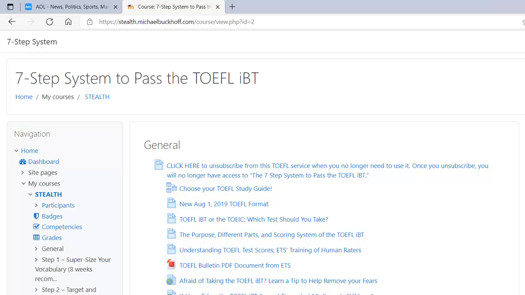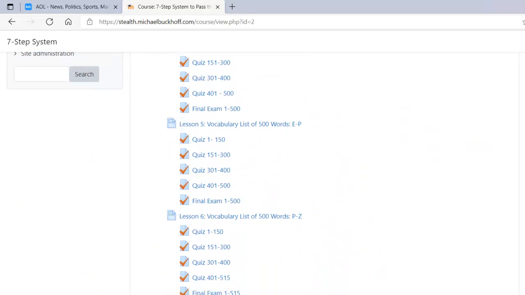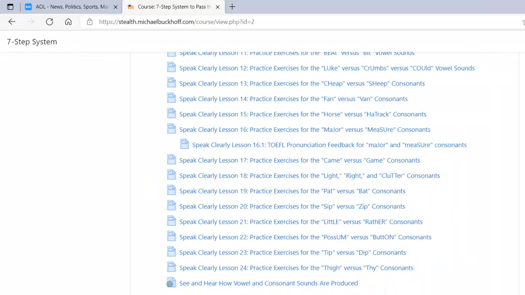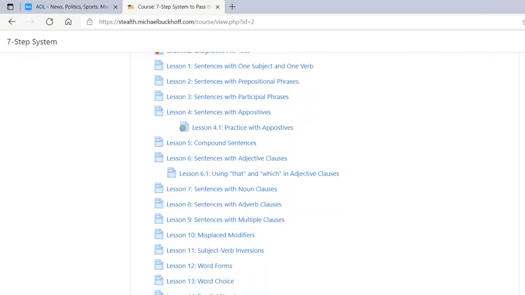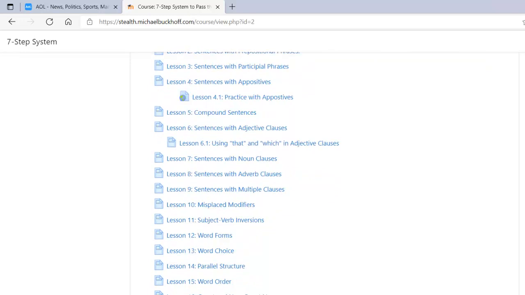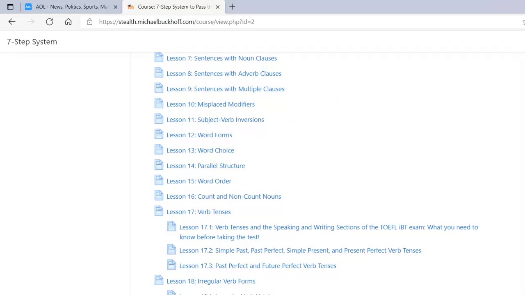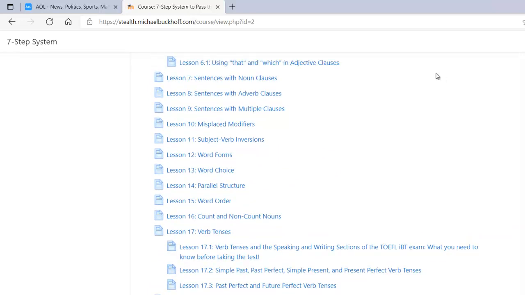Okay, so the things that I think you can benefit from. Let's look at the grammar part of my course first. I would say be careful about using count and non-count nouns, particularly non-count nouns like homework.